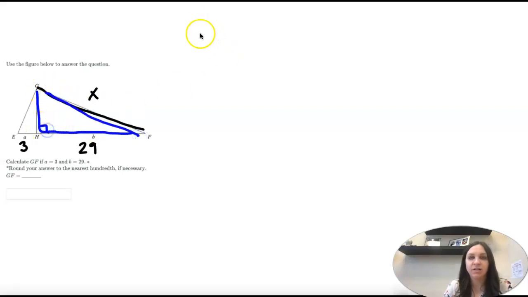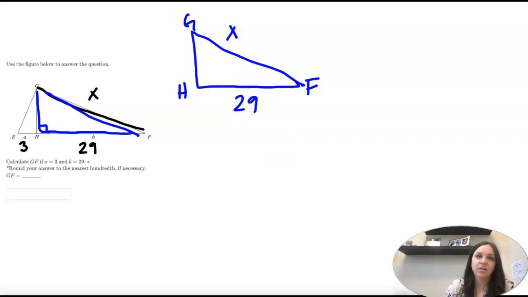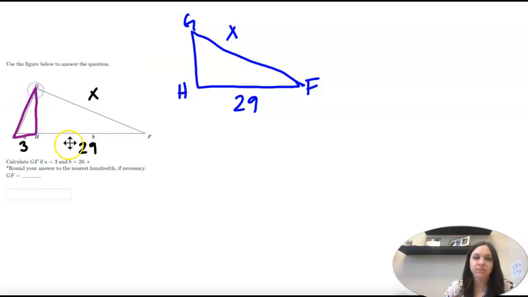So here's my right angle at H. And I need to find X, and that's 29. But the small triangle, like we've been using, that's not going to help because I only know one side of it. And you have to know 2, or at least need 1.